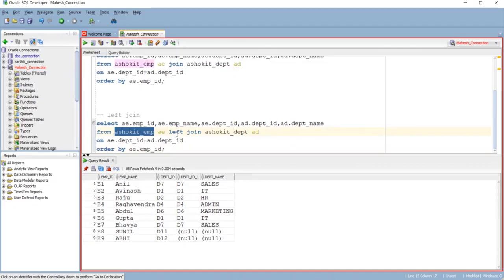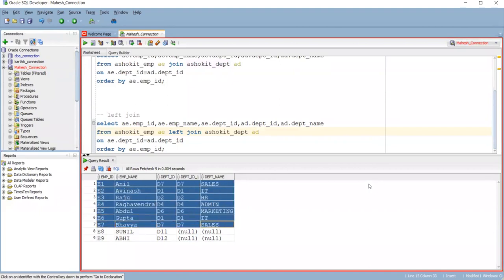As I told you, when you are joining two tables with the left join, the left hand side table is important. All the records will be retrieved from the left hand side table along with the right hand side table. If you observe carefully, these are nothing but an inner join result, or not? Can you please confirm?